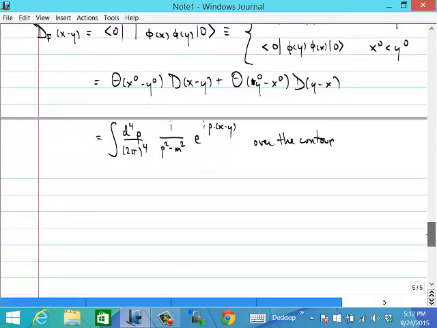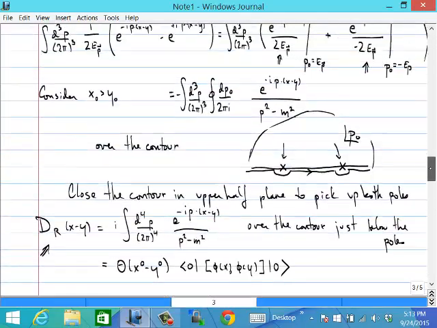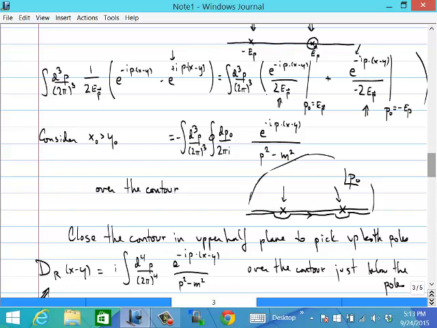And the contour in the p0 plane that gives us the Feynman propagator is the one where we go below the pole at p0 equals minus Ep and above the pole at p0 equals plus Ep. Just to make that clear, let's remember that when we computed the propagator, we had these two terms here.